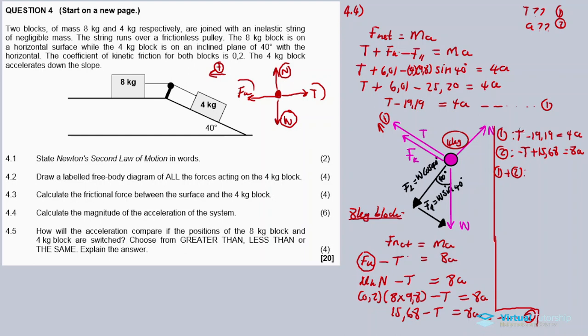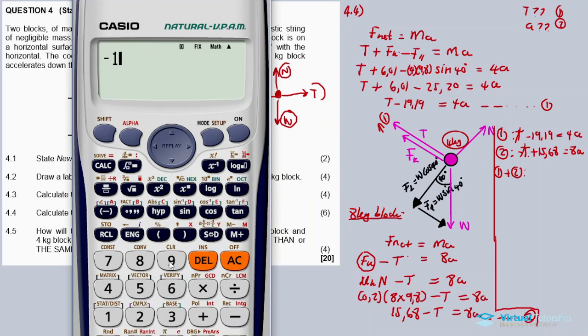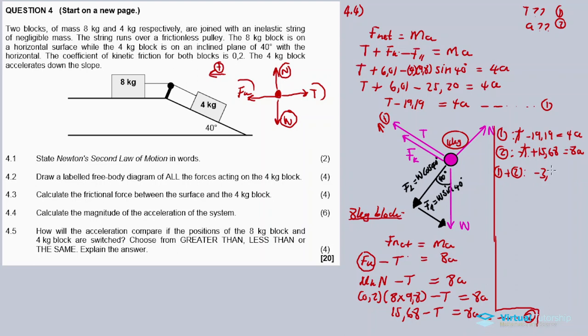Why am I adding these equations? I want the T and T to cancel. So when we add equation 1 and equation 2, T cancels T, and then minus 19.19 plus 15.68 is equal to 4a plus 8a. That gives minus 3.51 equals 12a.